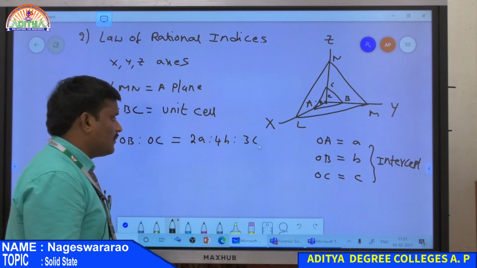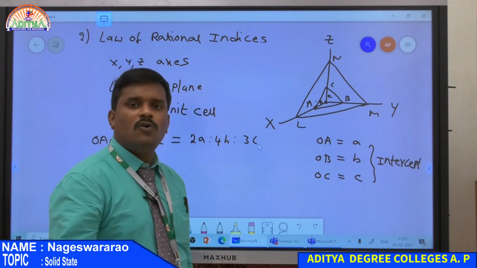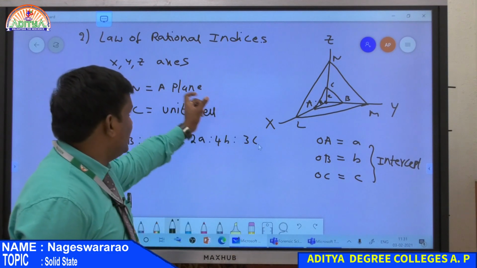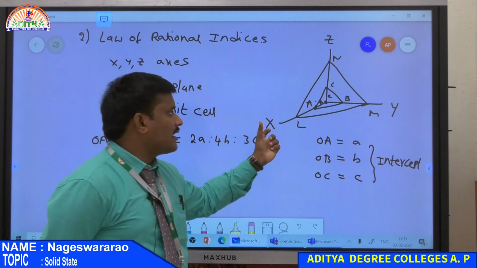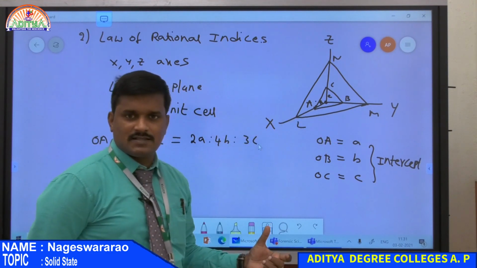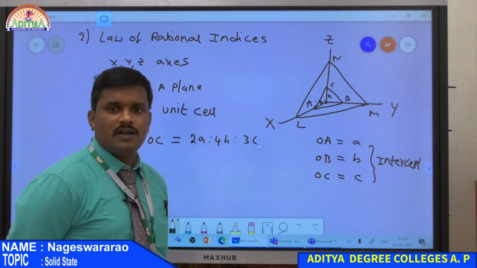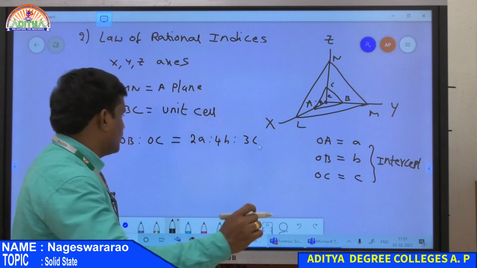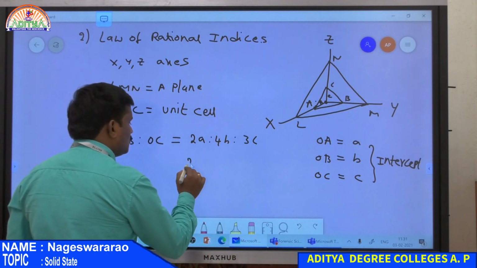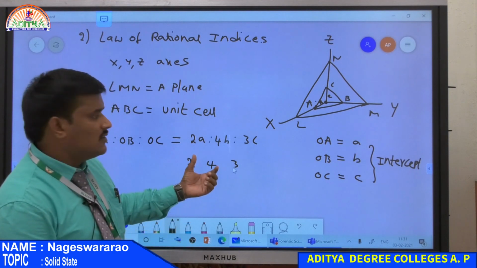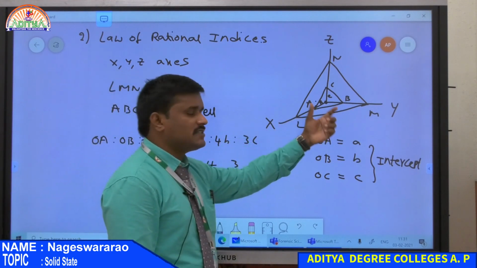Here 2, 4, 3 are simple whole numbers, that is nothing but rational numbers. Therefore the intercepts of a unit cell along the X, Y, Z axes are always present in simple whole numbers or rational numbers. So these are the coefficient values, 2, 4 and 3, the coefficient values of the unit cell along the XYZ axes.